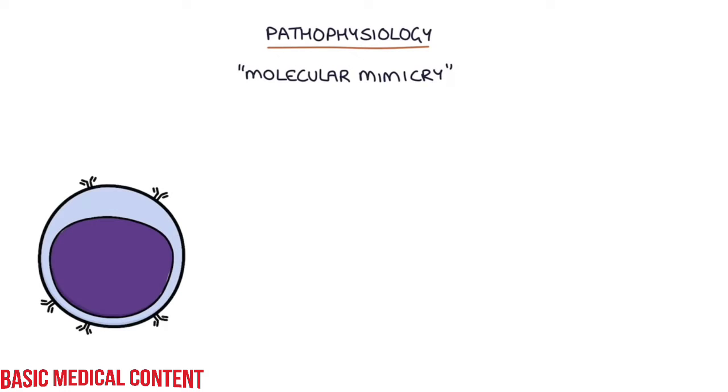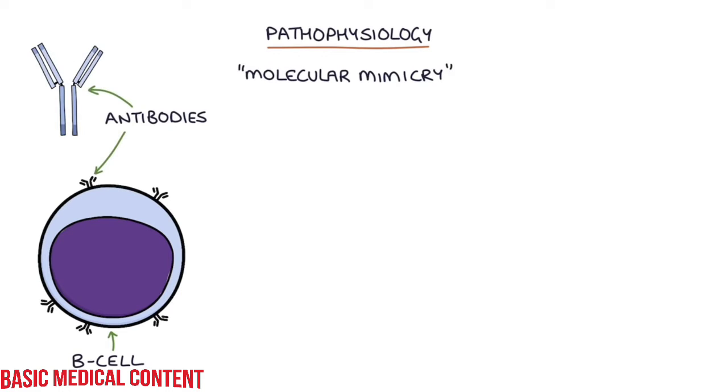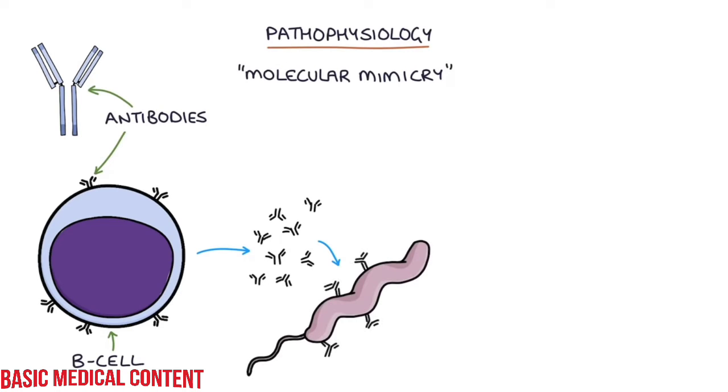So what's the pathophysiology? Guillain-Barré is thought to occur due to a process called molecular mimicry, and this is where the B cells of the immune system create antibodies against the antigens on the pathogen that's causing the preceding infection. So if they've got a Campylobacter gastroenteritis, the B cells of the immune system create antibodies against that Campylobacter.